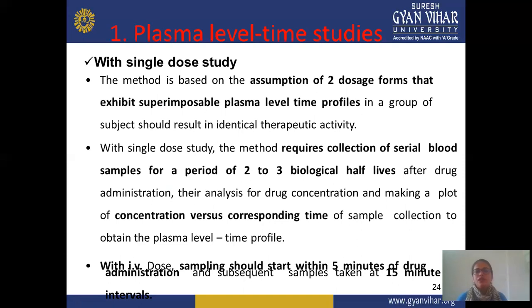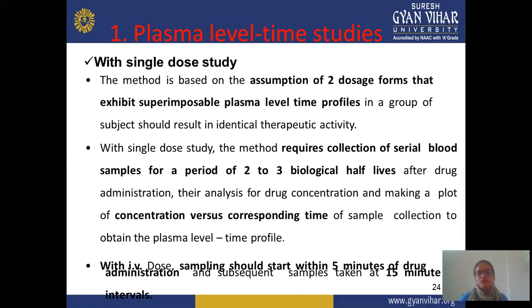First, the plasma level time study in the pharmacokinetic parameter: the single dose study. This method is based on the assumption that two dosage forms that exhibit superimposable plasma time profiles in a group of subjects should result in the same therapeutic response.